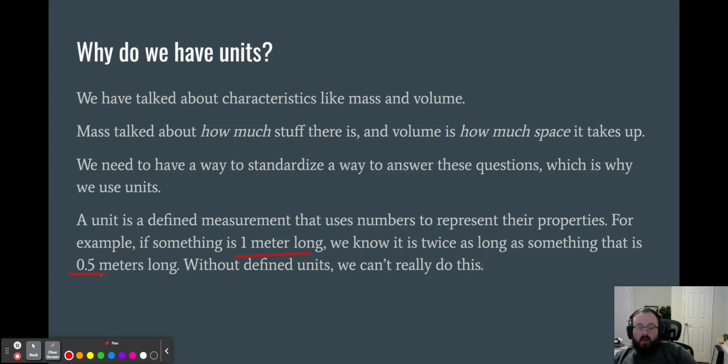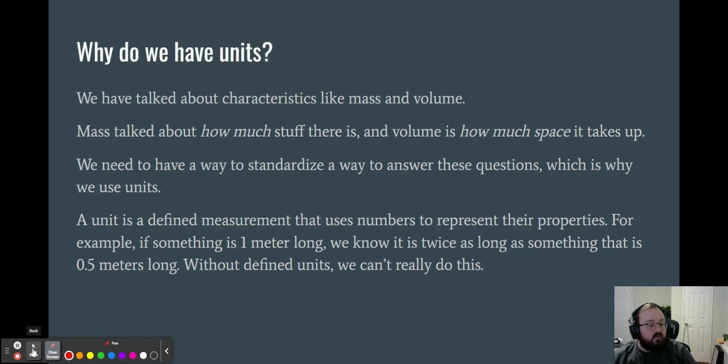By defining what a meter is, we can then use that frame of reference to talk about any other length ever. So that's why we have units. If I'm talking about how much something weighs, what the mass of something is, well, here's a scale, a standard, and from that standard, we can base everything else off of it.